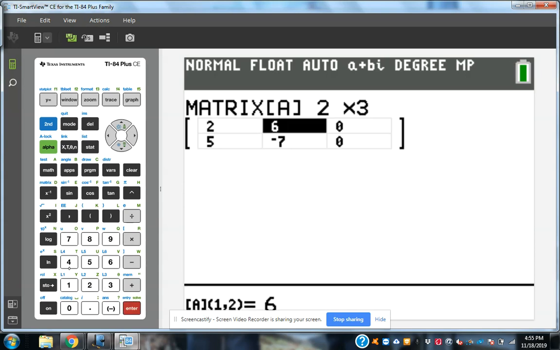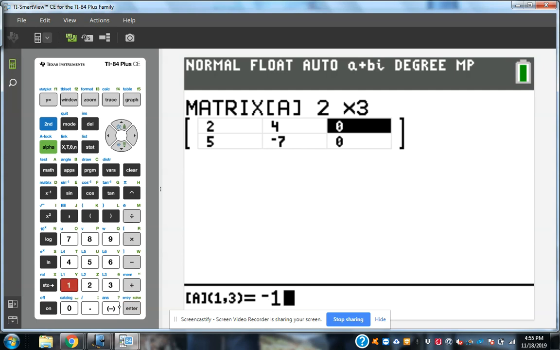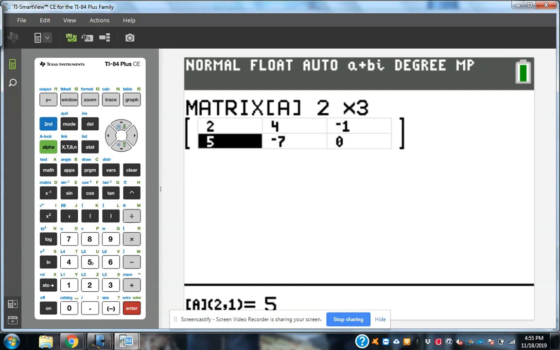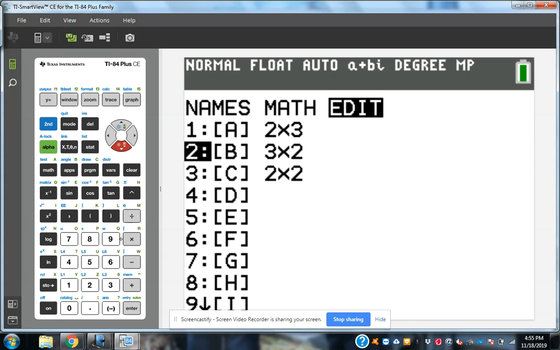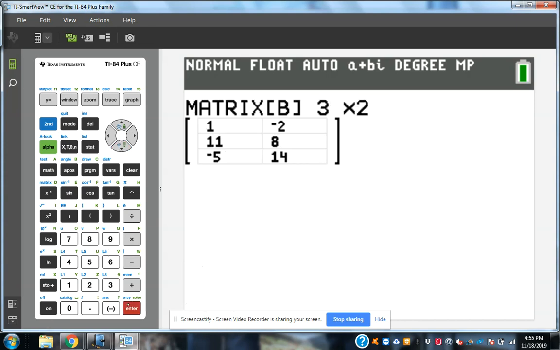So 2, 4, negative 1, 5, 8, 0. Second quit. I'm going to enter in a new matrix B. And it's 3 by 4.